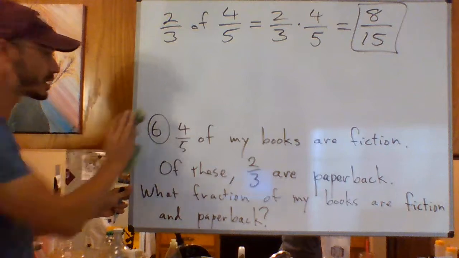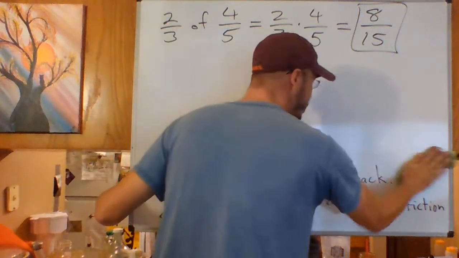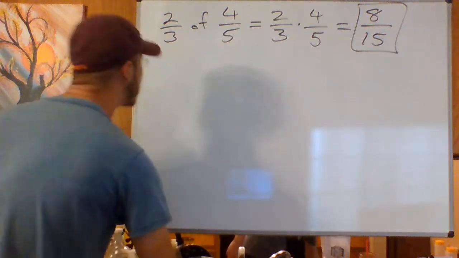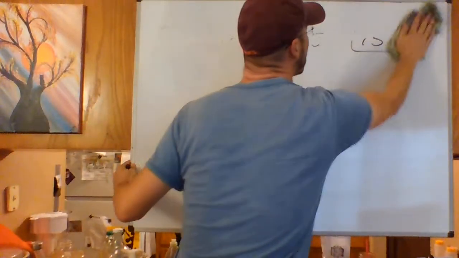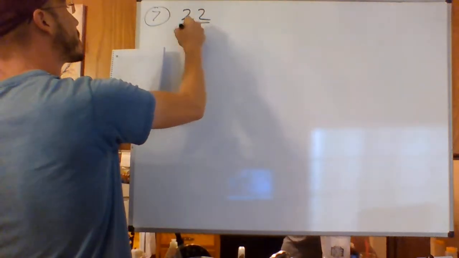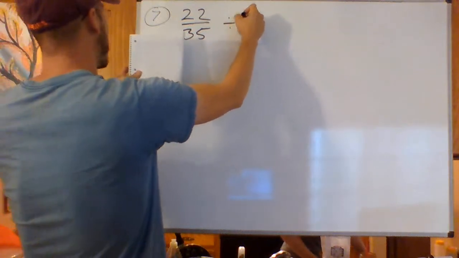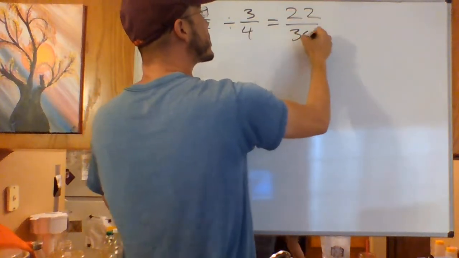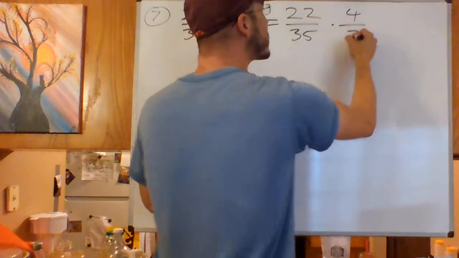So next I've got another division problem. Division of fractions, so this is number 7. 22/35 divided by 3/4 is 22/35 times 4/3.